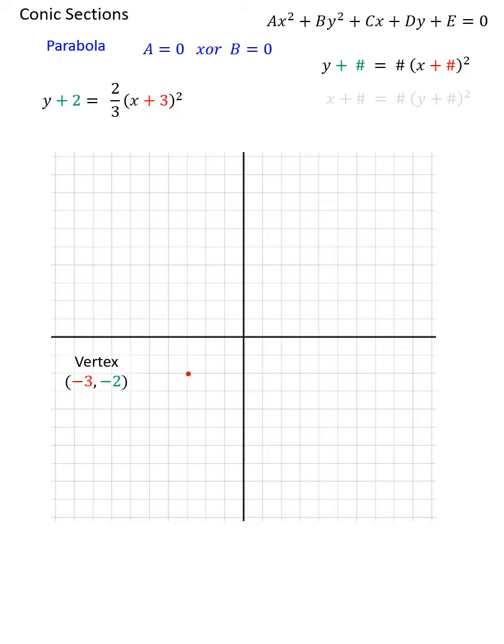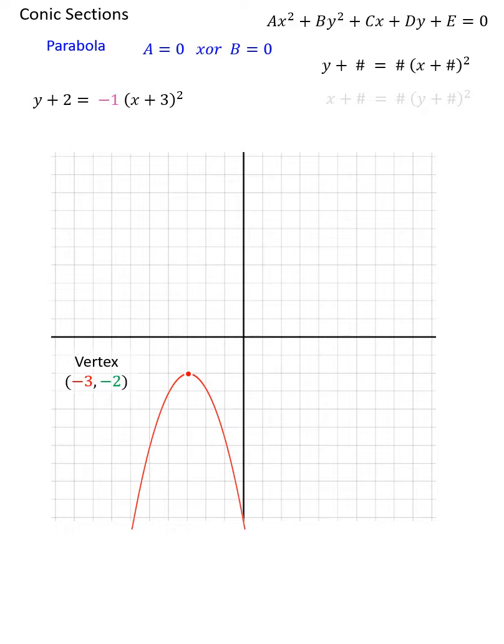Mathematicians have discovered that if you have what I call an x-squared parabola, if the number in front of the completed square is a positive number, then you're going to have an upward facing or concave up parabola. Whereas if the number in front of the completed square is negative, you're going to have a downward facing or concave down parabola.